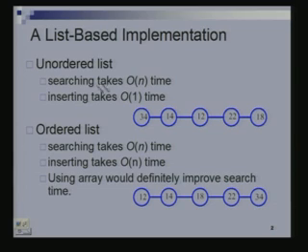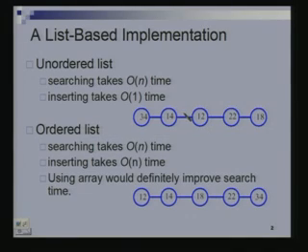And deletion, how much time will deletion take here? Order n, because first we have to search for the element that we are trying to delete. How much time would successor take here? Order n, not order 1, because suppose I ask what is the successor of 12 in this dictionary.